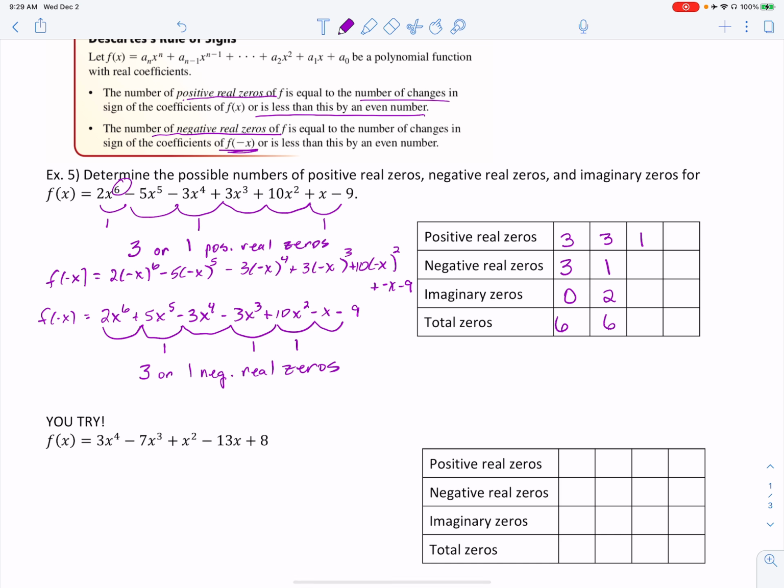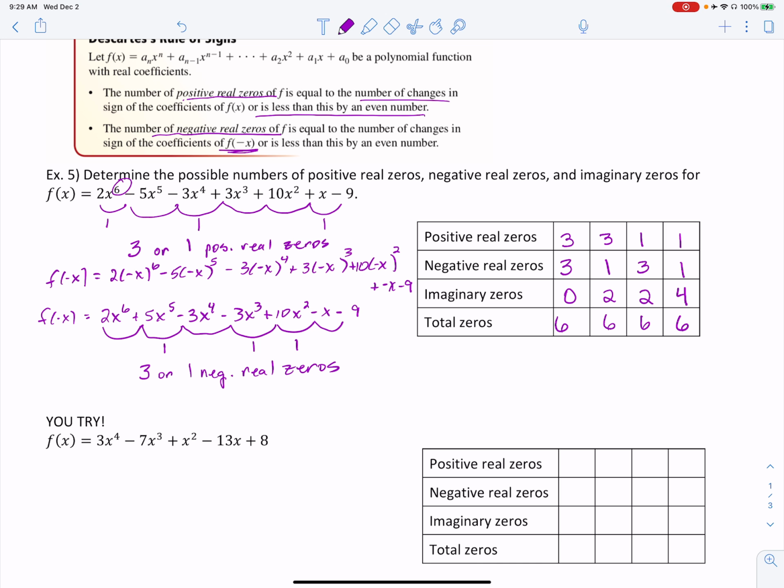Or we could have 1 positive real zero with 3 negative real zeros, and that would leave us with 2 imaginary for a total of 6. Or we could have 1 positive real zero, 1 negative real zero, and then we would need to have 4 imaginary to have a total of 6.